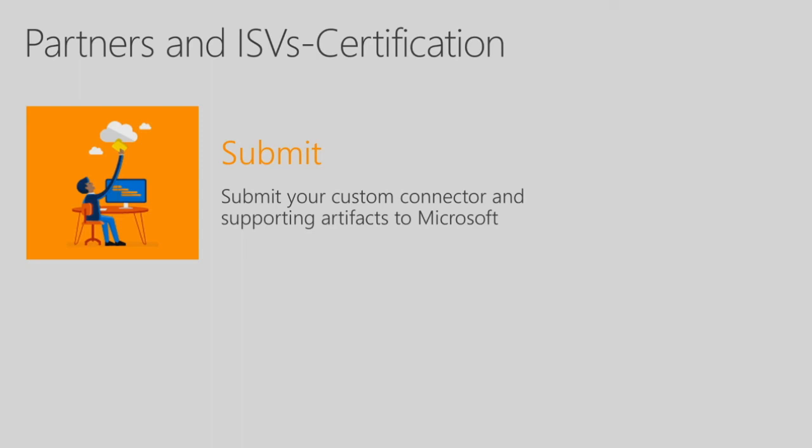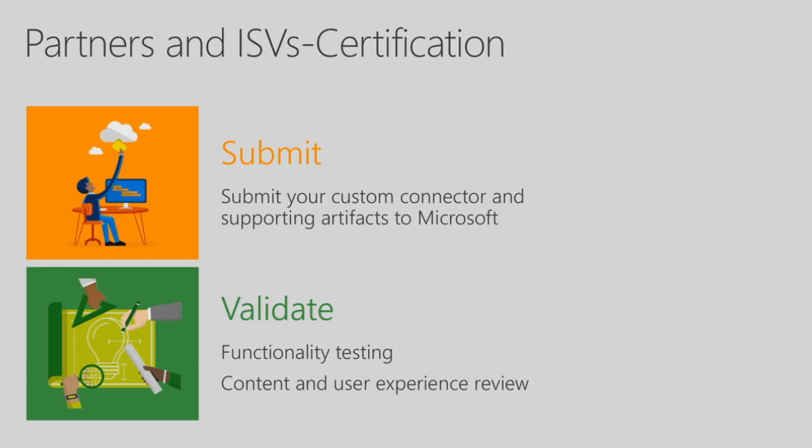First of all, you will submit your artifacts to Microsoft along with all your custom connector files. We then validate both the content and functionality of your connector to ensure a consistent user experience for your customers and ours.